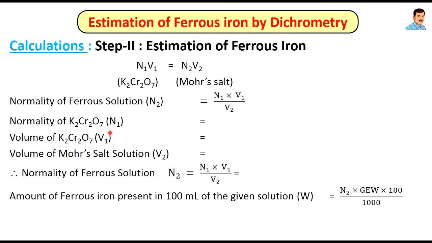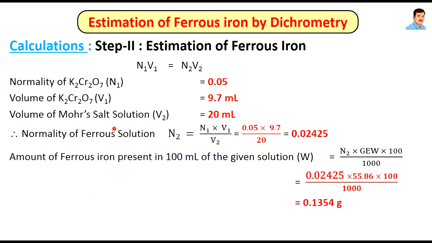Here the normality of potassium dichromate N1 is 0.05. Volume of the potassium dichromate solution V1 is 9.7 ml. Volume of the Mohr salt solution V2 is 20 ml, as we have taken 20 ml for every titration.